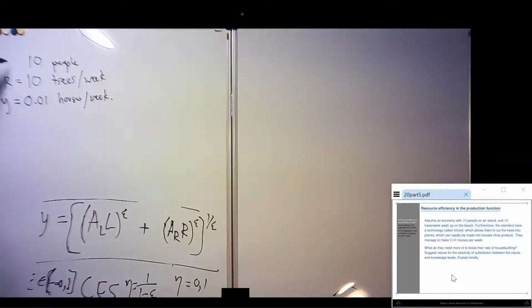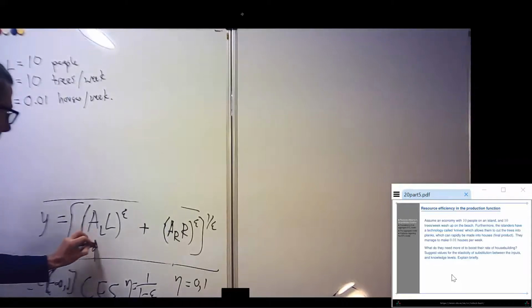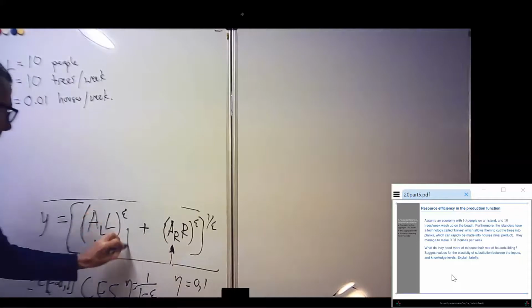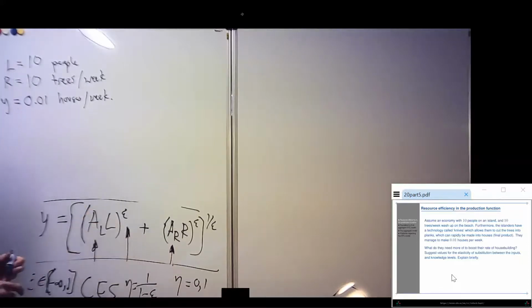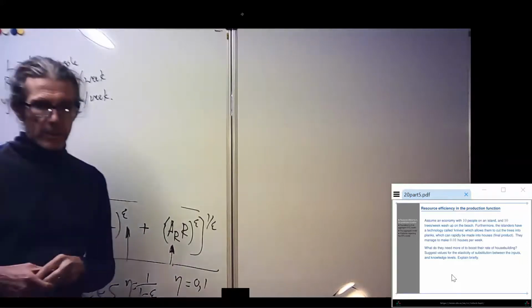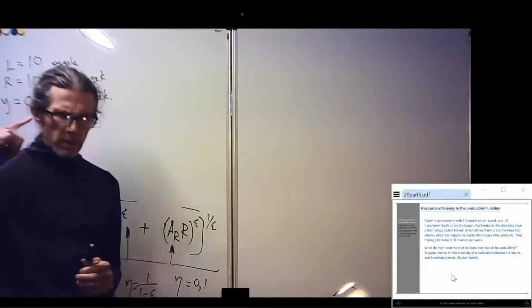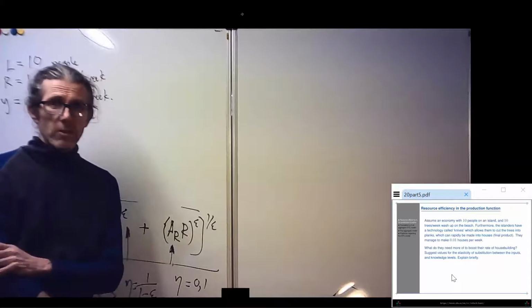What is L? L is 10 people. So what are AL and AR? And what's epsilon? Well, the short answer is we don't know. Okay. But if we do some thinking, we could come up with some suggestions.